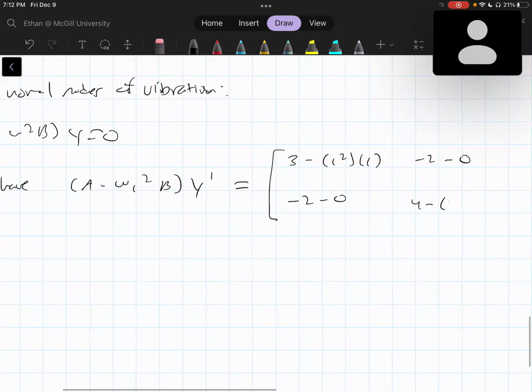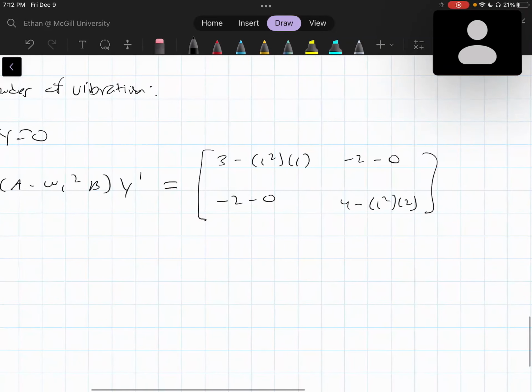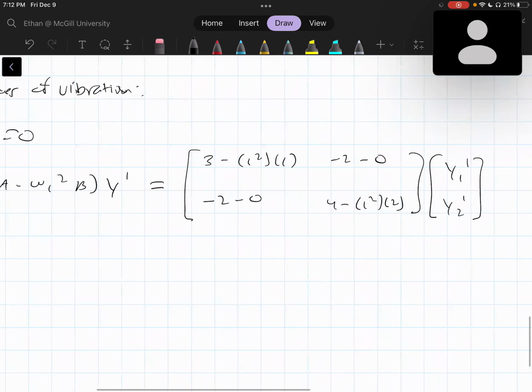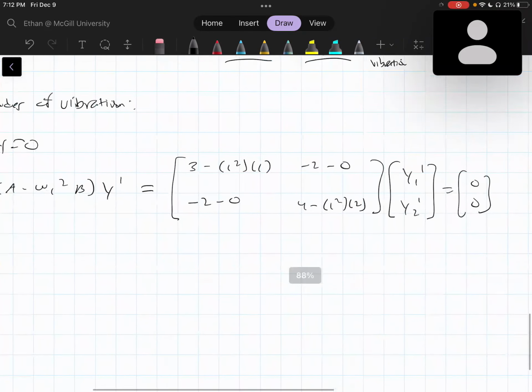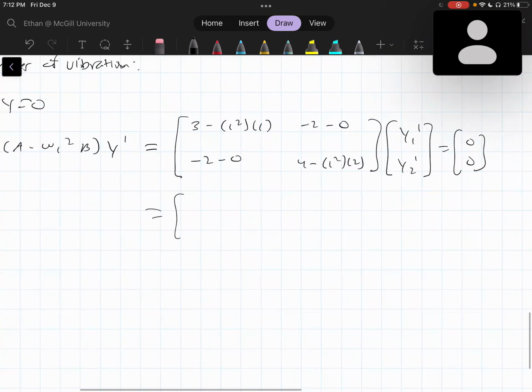And this one's going to be 4 minus 1 squared times 2. And this time we're going to have multiplied by y1 and y2, the powers are again just distinguishing between our two solutions. So it's y1 and y2. That's going to be equal to the 0 vector again. Simplifying this matrix, we're going to get 2, negative 2, negative 2, and 2, times y1, y2.